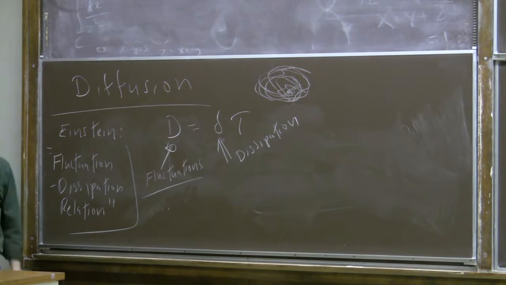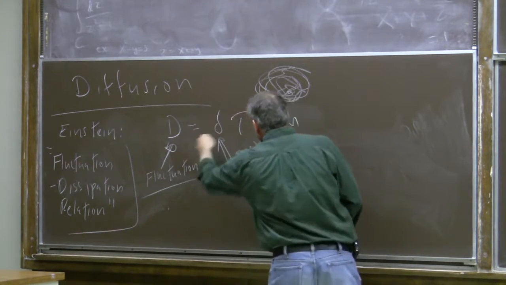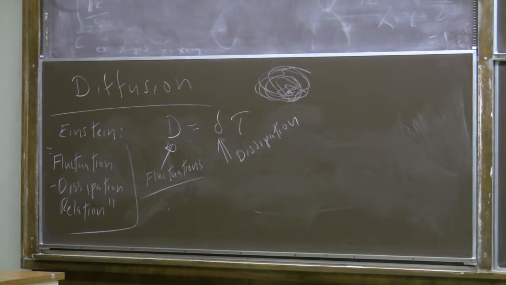How much the particle is walking around at random, that's what I mean by fluctuation. And there's a relationship between the two things, and it involves the temperature. So if you fix the dissipation, in this case the mobility, then as you crank up the temperature, the fluctuations get stronger and stronger, arising because of the molecular collisions pummeling the poor pollen grain harder and harder.